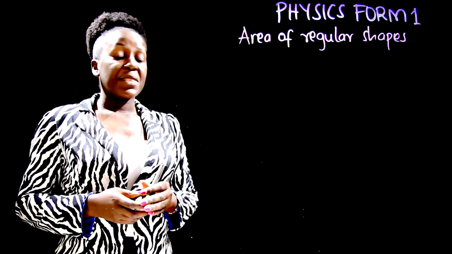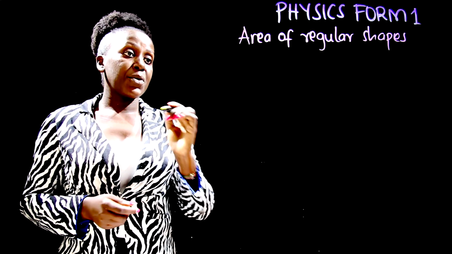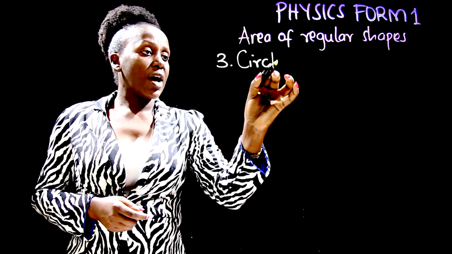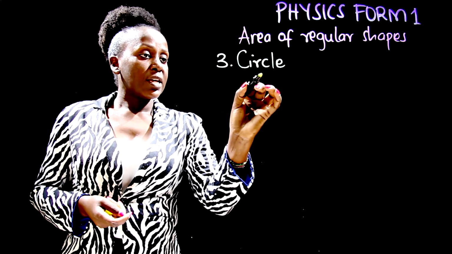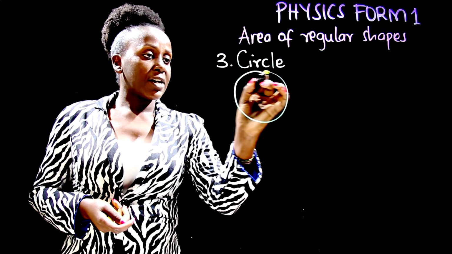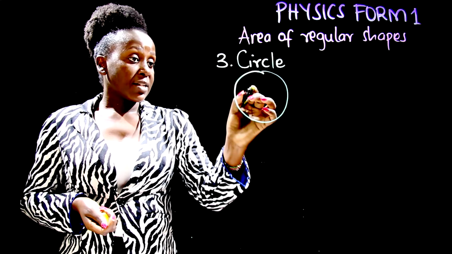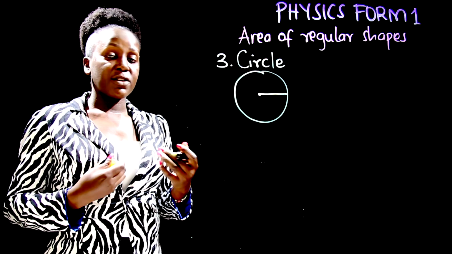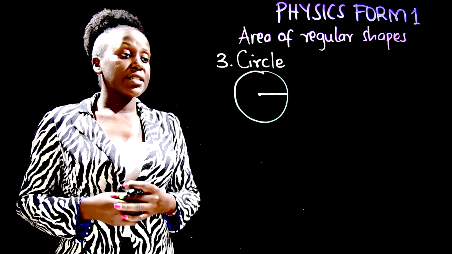Now the other shape that we will discuss is a circle. Do you know how a circle looks like? This is how a circle looks like. Do you know any objects that are circular in shape, like coins?